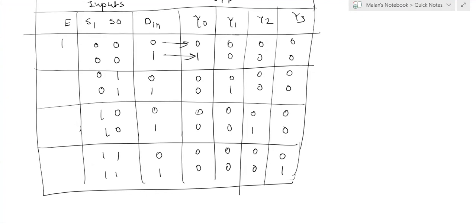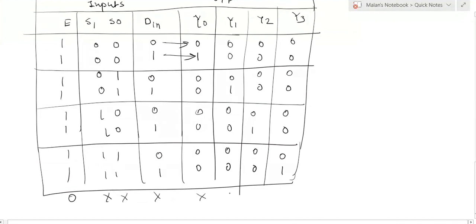Based on the question, whether it is an active low or active high enable input, you have to write the enable input value as either 1 or 0. Here, as I am saying that the enable input is active high, that's why I am giving the enable input as 1 1. When the enable input is 0, whatever is available on the select lines or data line is not going to affect the output.